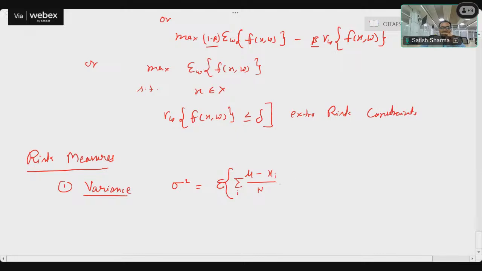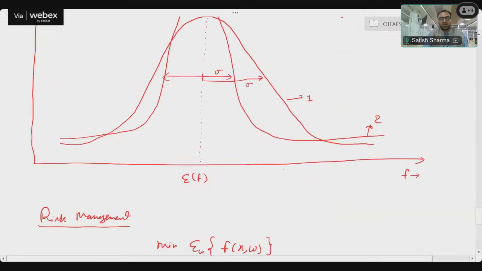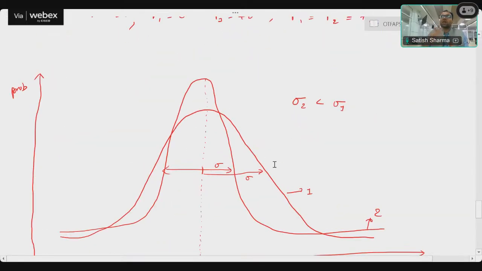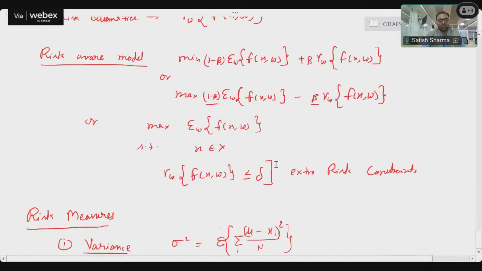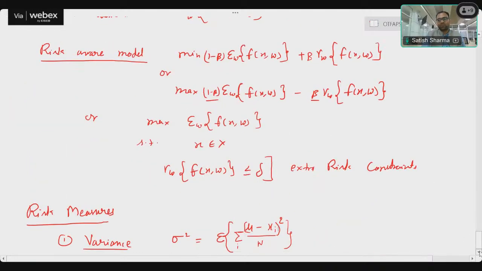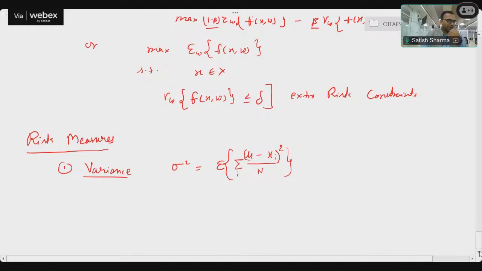This value is basically sigma squared, and this part should be squared because we want to count the error in both directions, whether it is positive or negative. Whether it is on the higher side or the lower side, it should be treated as positive. So we put a square as well, and this is how we can calculate it.